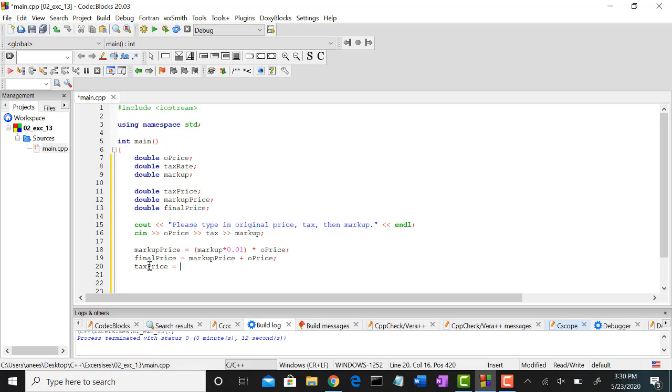So now I'm going to add parentheses like always. Tax times 0.01 times the final price.